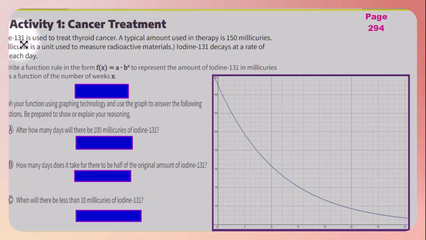Iodine 131 is used to treat thyroid cancer. A typical amount is used in therapy, and it's 150 millicuries. A millicurie is a unit used to measure radioactive materials. Iodine 131 decays at a rate of 8.3% each day.